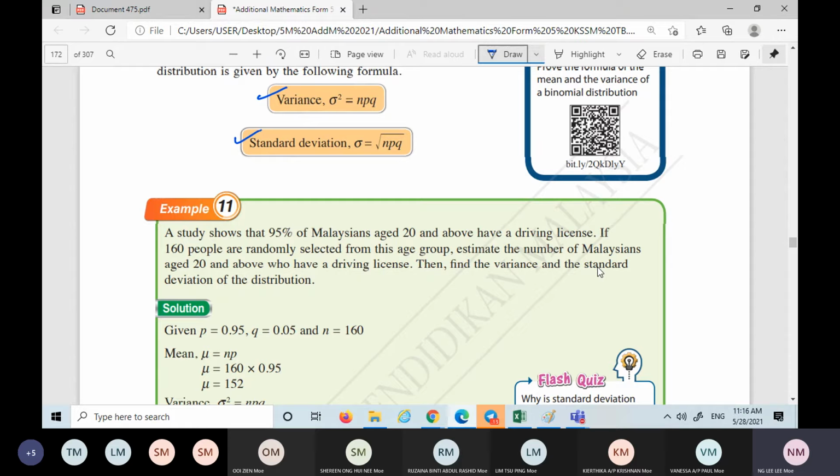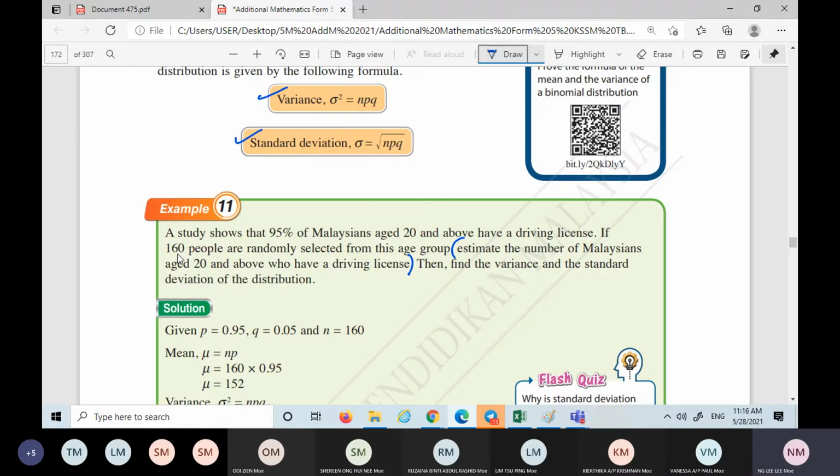If 160 people are randomly selected from this age group, estimate the number of Malaysians aged 20 and above who have a driving license. This one is actually the meaning of mean, or the expected value. Same thing. So I will need the n and I will need the p.